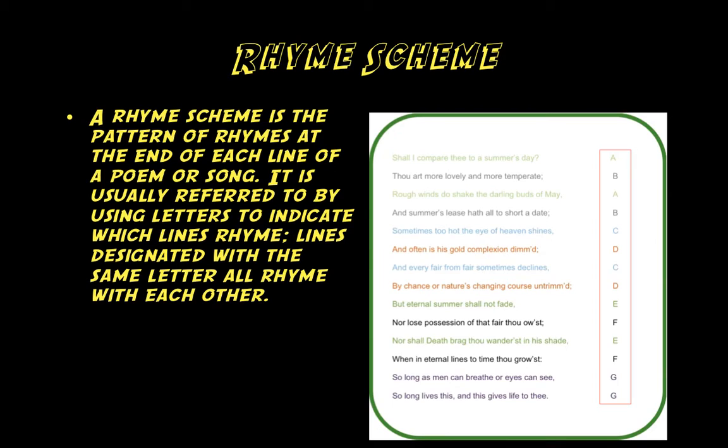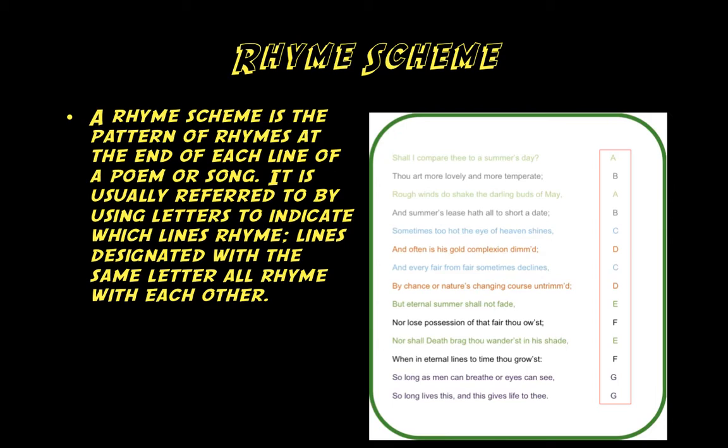Now what I want to point out is that we just use the letters in order. So every time we have a new sound at the end of a line, we give it a new letter. So that's why day and temperate don't rhyme, so we give them two separate letters. That's why we start off with AB. Now, if we jump down to the bottom where it says CD, CD, we have shines, dimmed, declines, untrimmed.